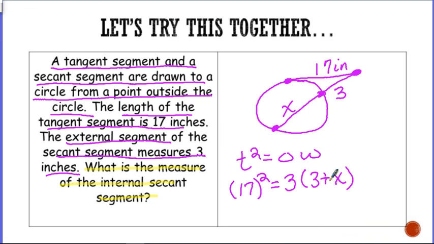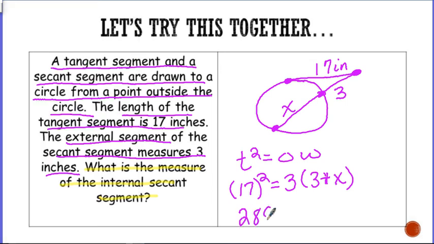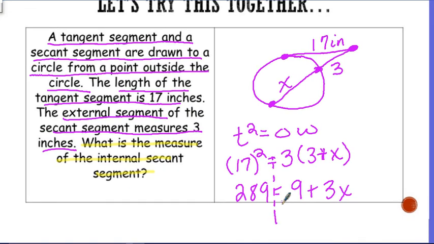Grab the calculator, and I'm going to go for it. So 17 squared is 289. Equals 9 plus 3x. Alright, so I'm going to solve my equation. Constants go on the right side of the equation.